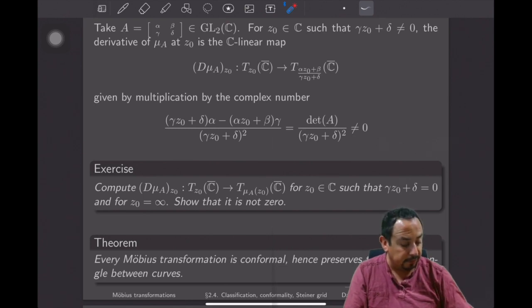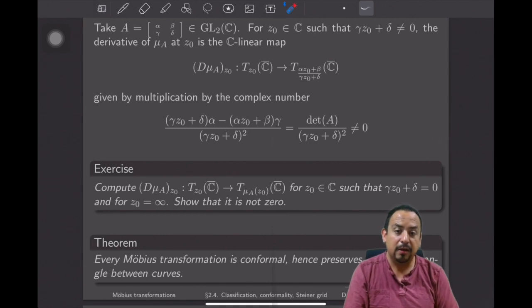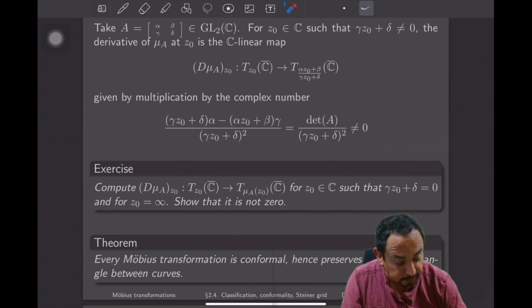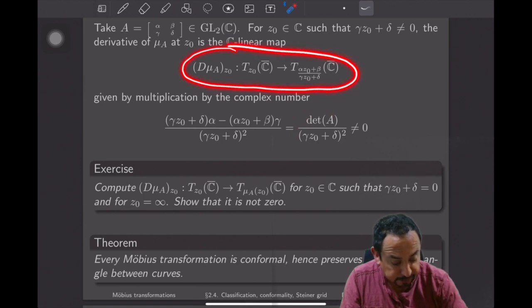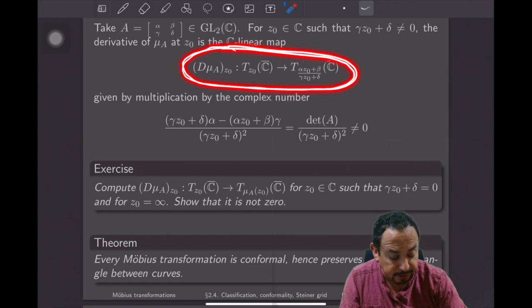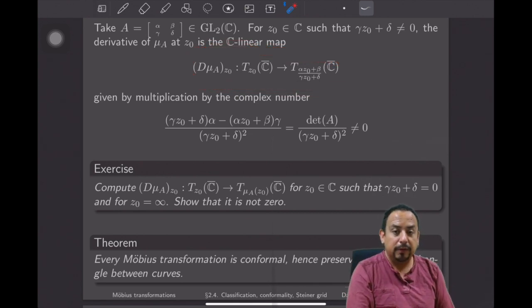More strictly speaking, seeing it as a real 2x2 matrix, right? When I compute the matrix of this as a 2x2 matrix, so when I consider this just as a real linear map, an R-linear map, that matrix is a positive scalar multiple of an orthogonal matrix.